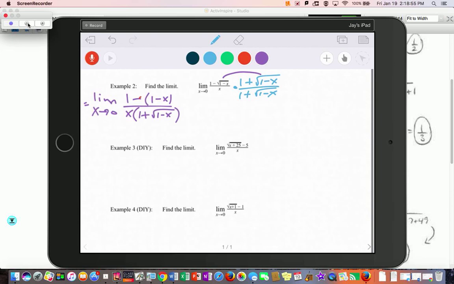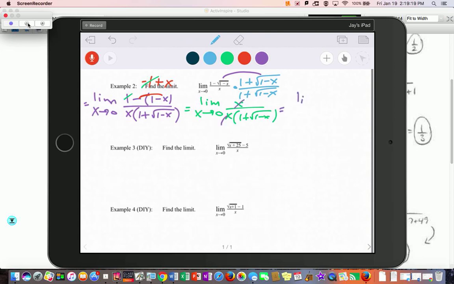Now, when we distribute the negative, this becomes negative 1 plus x. So the 1's go away. And I have that positive x on top. Then the x's go away.